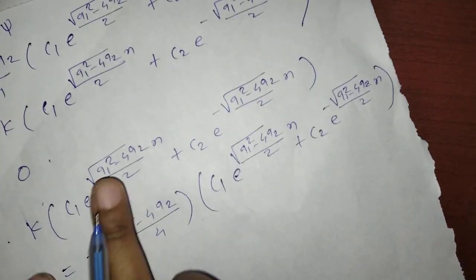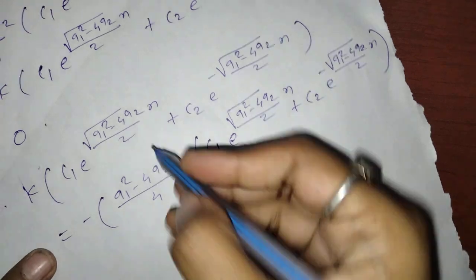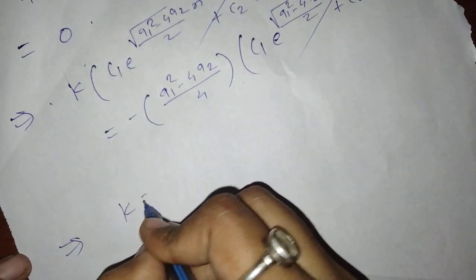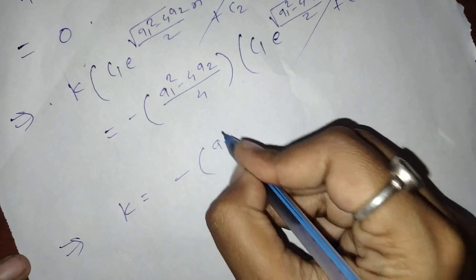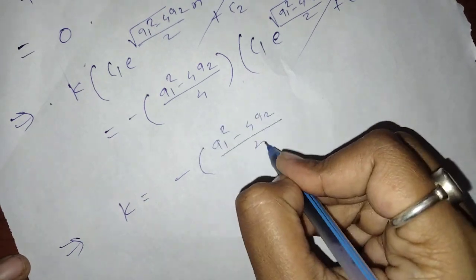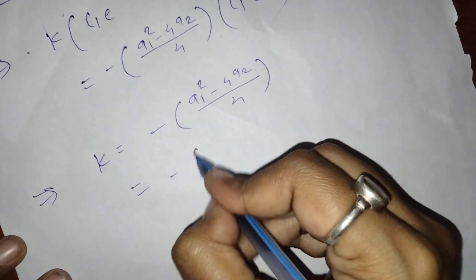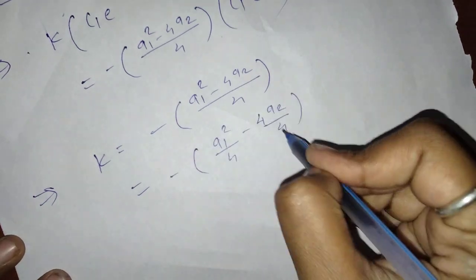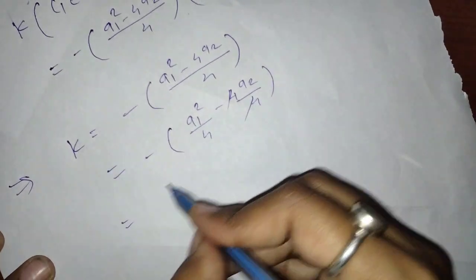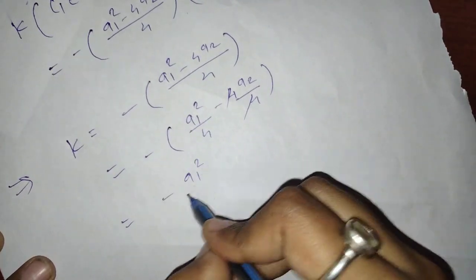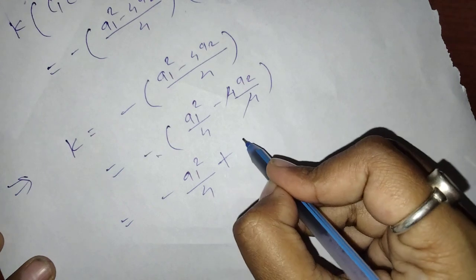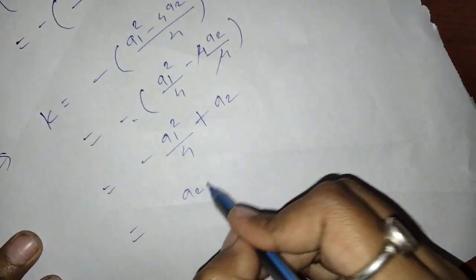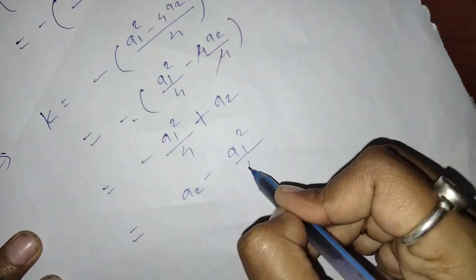You can see that this term and this term are equal, so they get cancelled, which implies k is equal to minus a1 square minus 4a2 upon 4, which is equal to minus a1 square upon 4 minus 4a2 upon 4, the 4 gets cancelled, so minus a1 square upon 4 plus a2, which is equal to a2 minus a1 square upon 4.